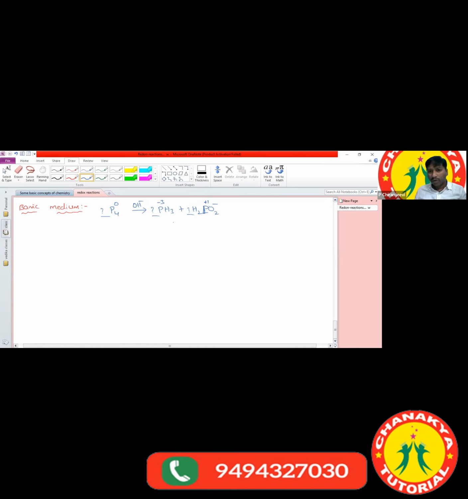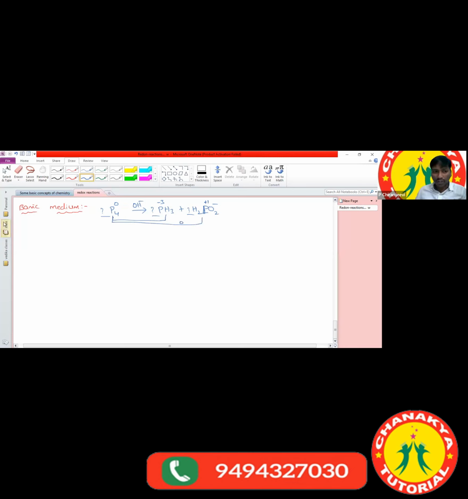Now, can you tell me which one undergoes reduction and which one undergoes oxidation? PH3 undergoes reduction and H2PO2 minus undergoes oxidation. Very good. So P4 to PH3 undergoes reduction, and P4 to H2PO2 minus undergoes oxidation.